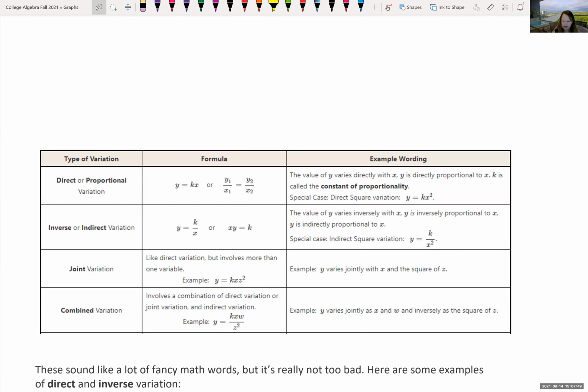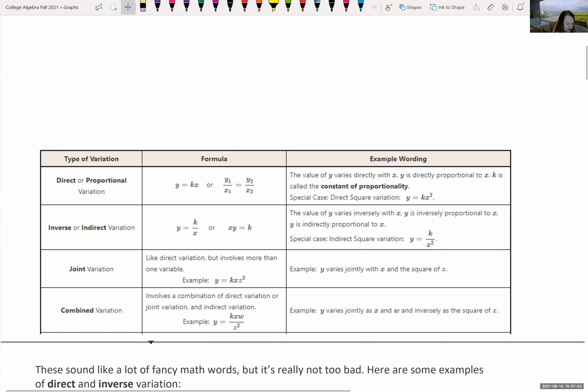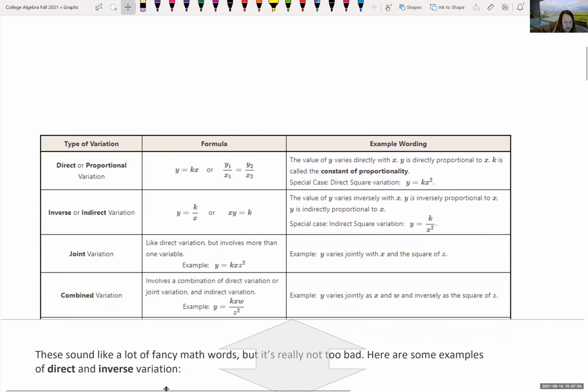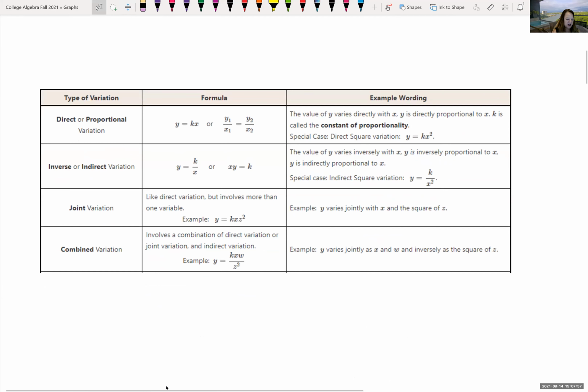Okay, so let's look at direct variations and how we would set up that formula. So direct variation, and sometimes they are actually called proportional variations. How we set this up is y is equal to k times x.